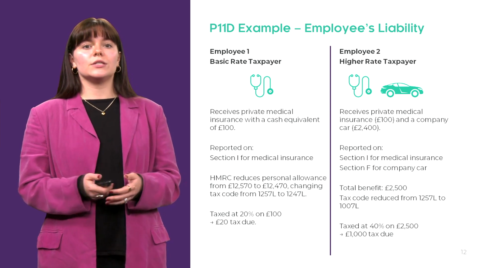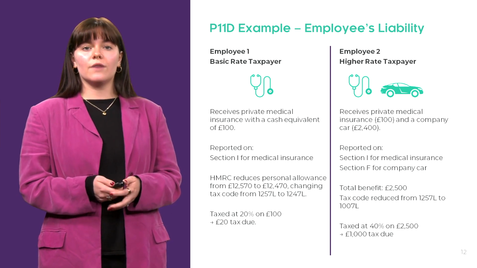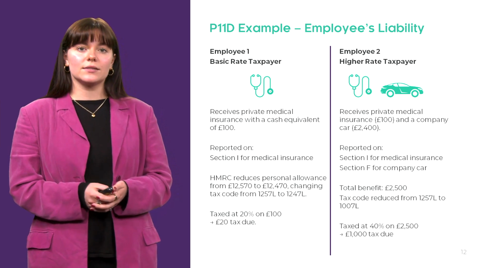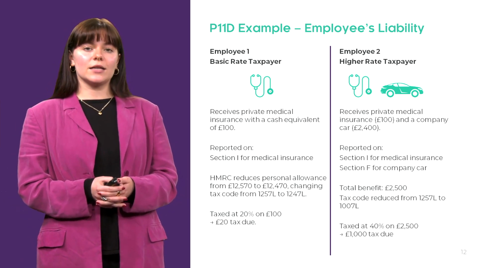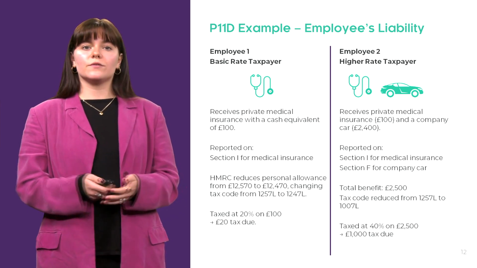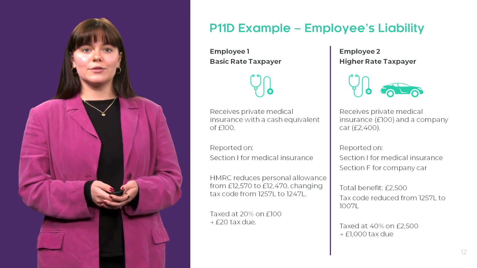Therefore, they will be taxed on an additional £2,500 of income at their marginal rate of tax. In this example, they are a higher rate taxpayer, so they will pay tax of 40% of £2,500, this being £1,000.